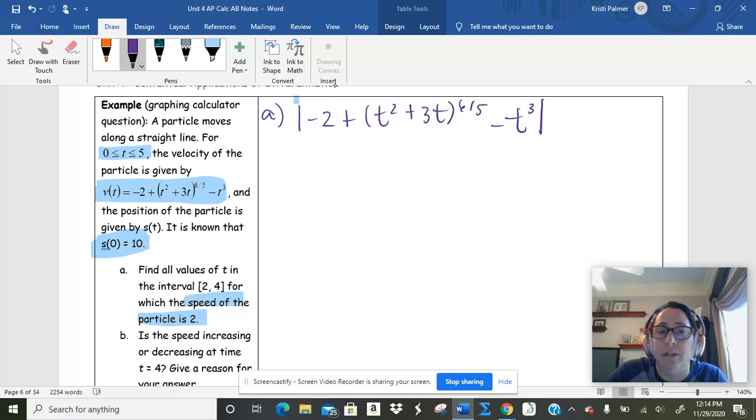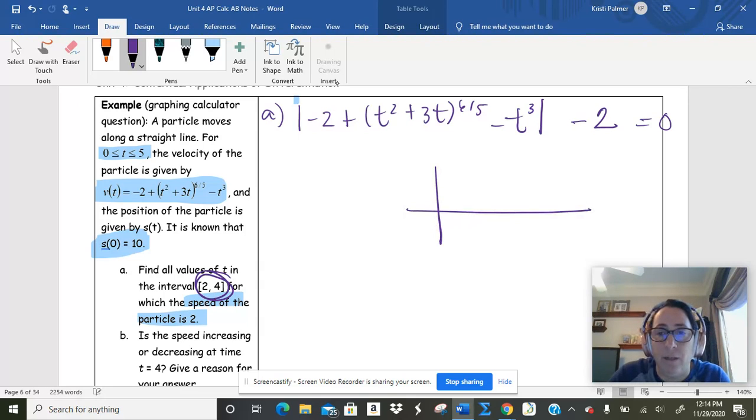And I want to know where that equals 2. Well, if you remember, what I liked to do was subtract it over and set it equal to 0 and go look on your graphing calculator. And we're only going to look, it says, from 2 to 4.